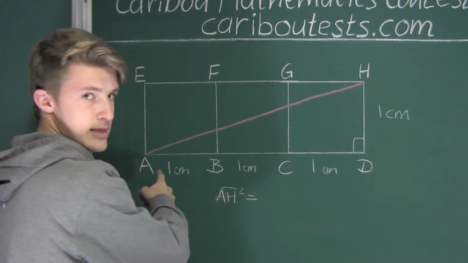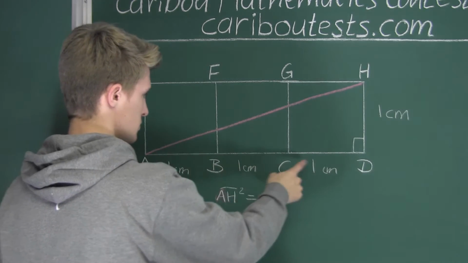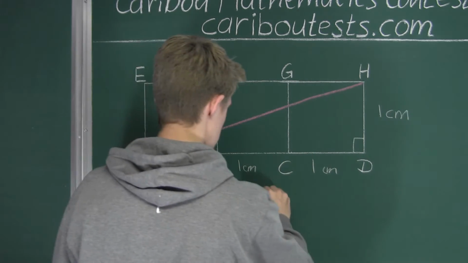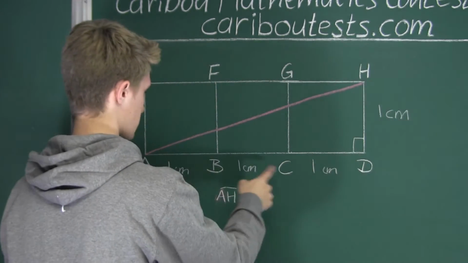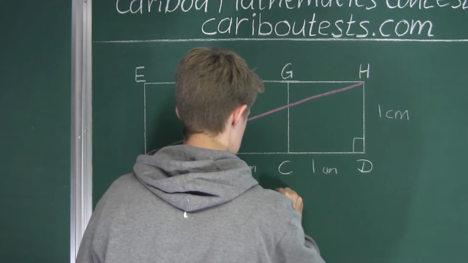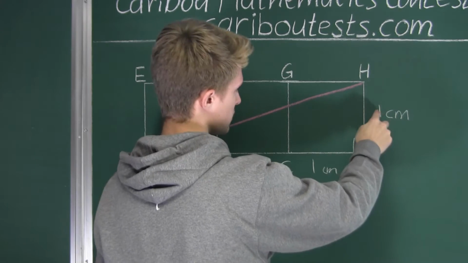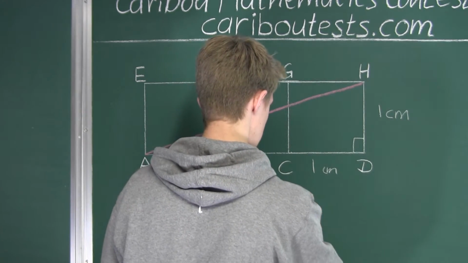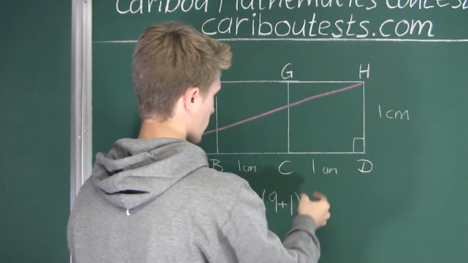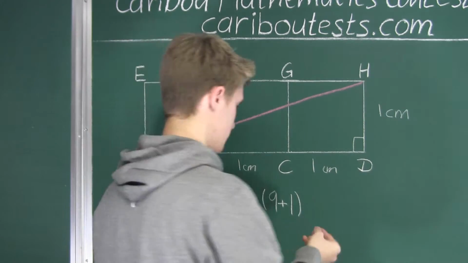Then we know that this line is 1, 2, 3 centimeters. So 3 squared is 9. So we have 9 plus 1 squared, which is just 1, so 9 plus 1, and of course we have centimeters squared.